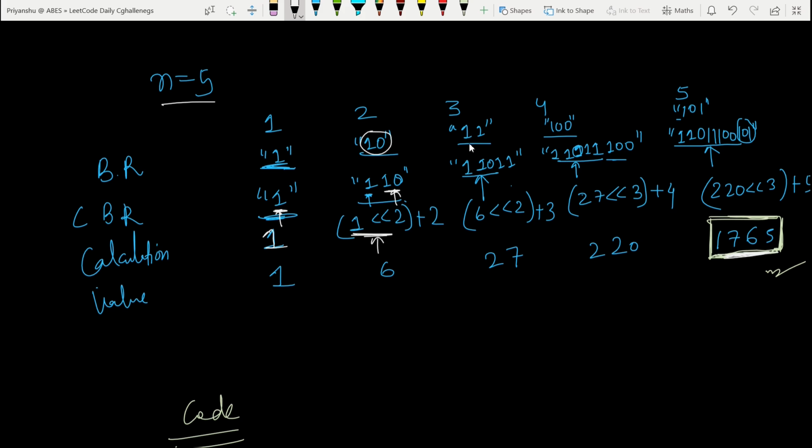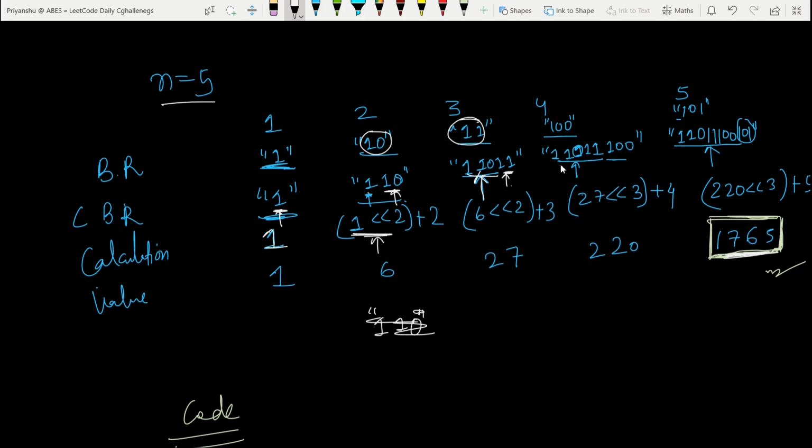Now for 3, what will be the case? These bits, that is basically 110, are shifted towards the right by the number of digit positions, that is 2 positions, and we will add this particular value.